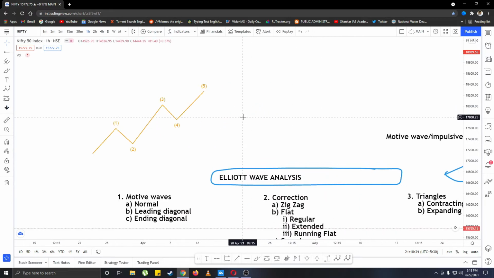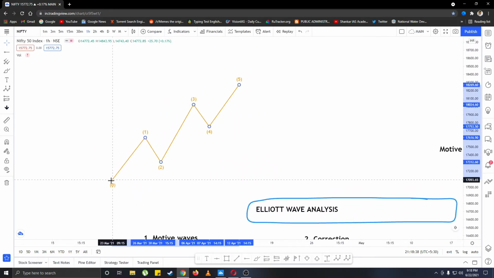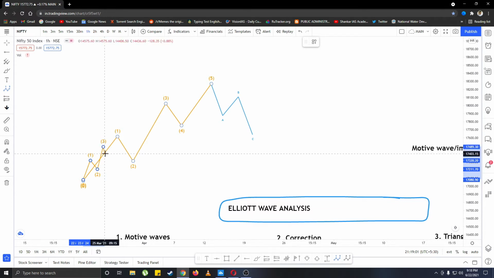Now what a leading diagonal is, let's say this is an entire cycle, an A, B and a C. Now the rule for a leading diagonal is that it occurs in either wave 1 or wave A. In the leading diagonal, what we have is that wave 4 overlaps wave 1. So this is an example of a leading diagonal.